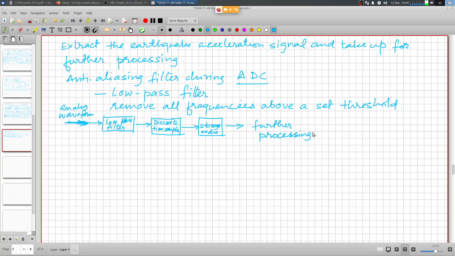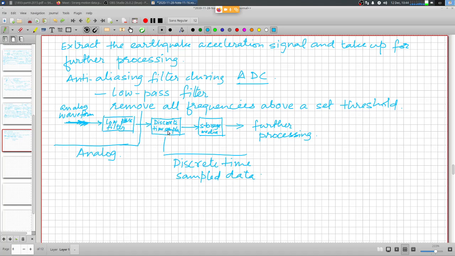Right. So the discrete time sampler, of course, how does it work? Up to this point it is still analog. The signal is in analog form. From this point onwards, it is discrete time sampled data.